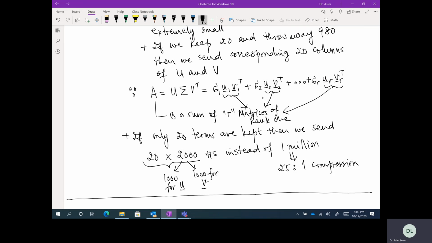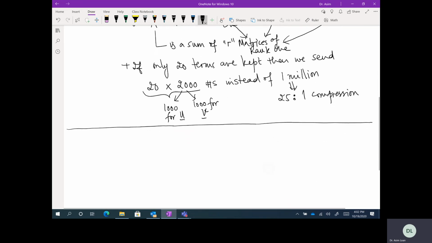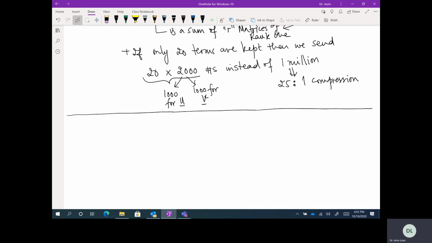The information that is left is actually sent, and this will give us a savings, not of information, but of the capacity that we are transmitting.